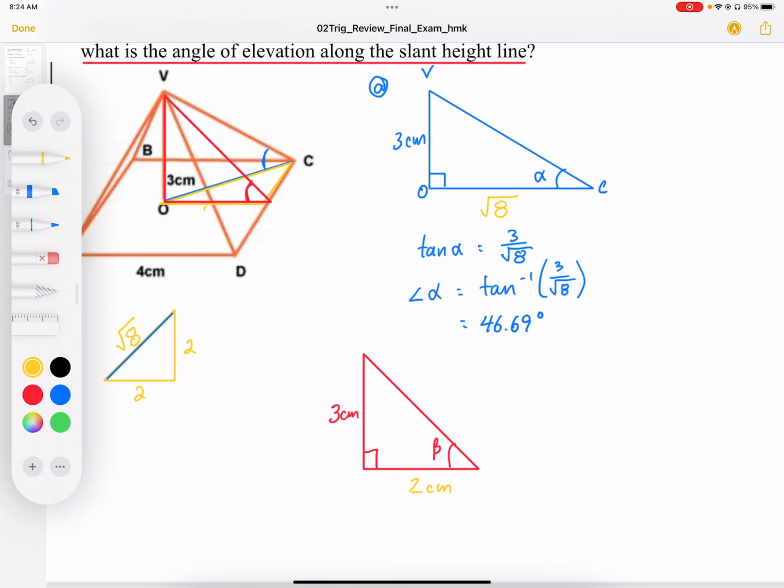Well, once I have two sides of the right triangle, I can then calculate the angle. So I know that tan beta is equal to opposite over adjacent. That means that angle beta can be found using the inverse.